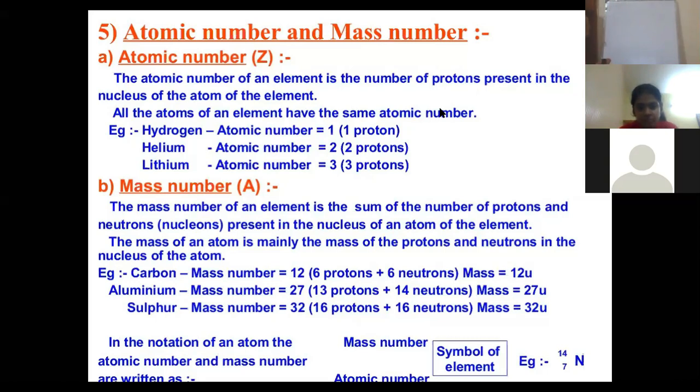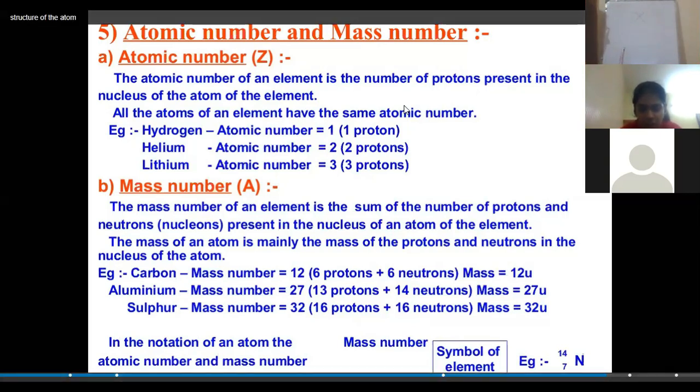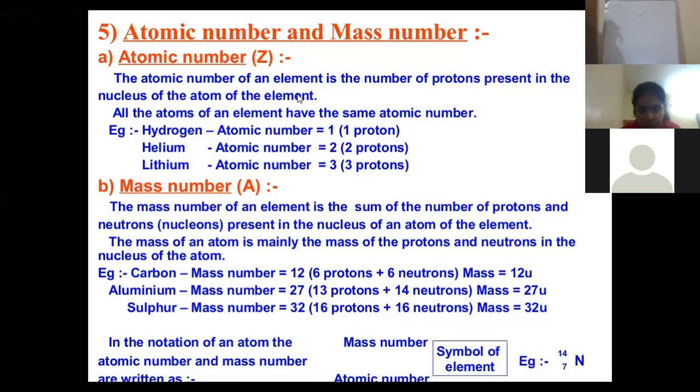For example, if there is element X, which I have already discussed with you, and there are two numbers written over it, one on the top left-hand side and one at the bottom left-hand side. This X is the symbol.